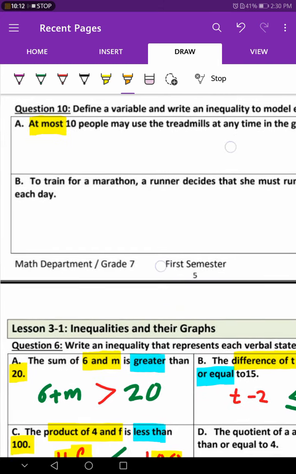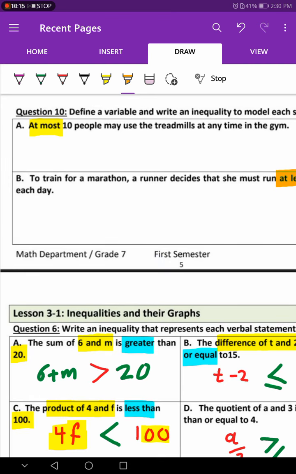Now I have this situation. So I start to pick any letter. At most 10 people use the treadmills at any time in the gym. So I will select P and 10 and at most. At most, so the fish will eat the 10.